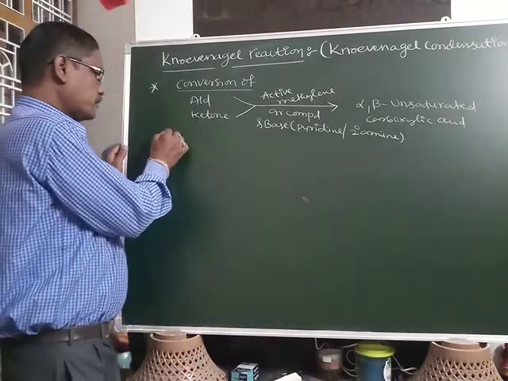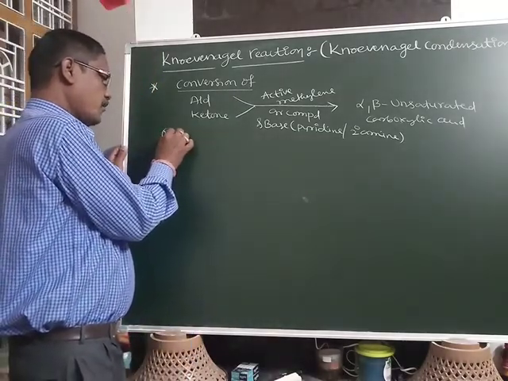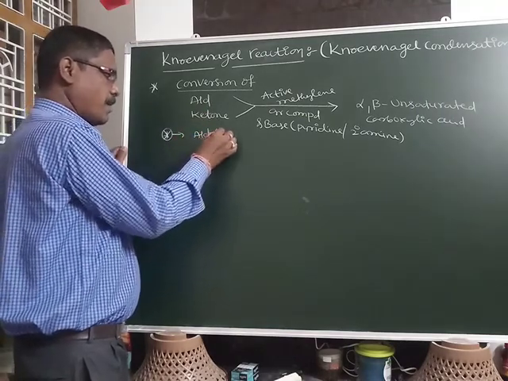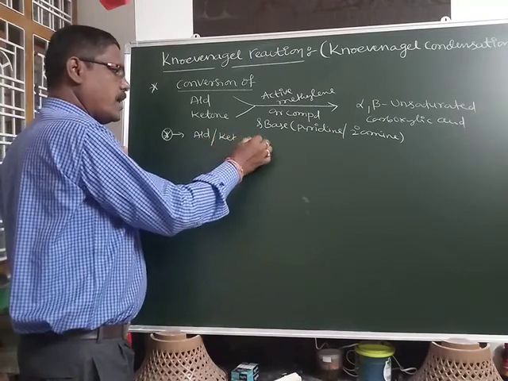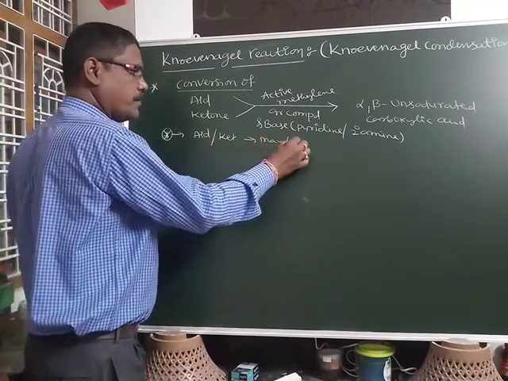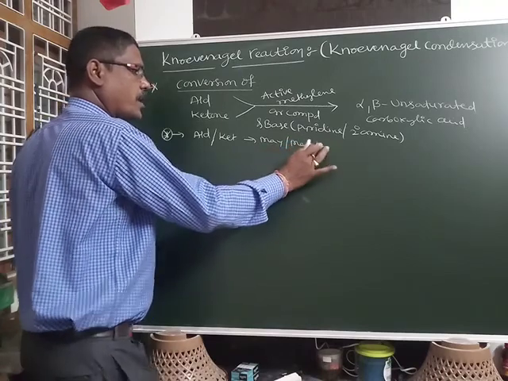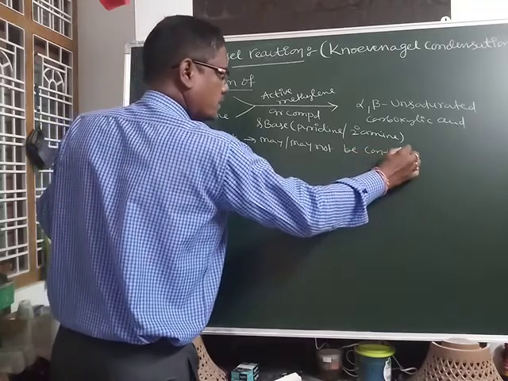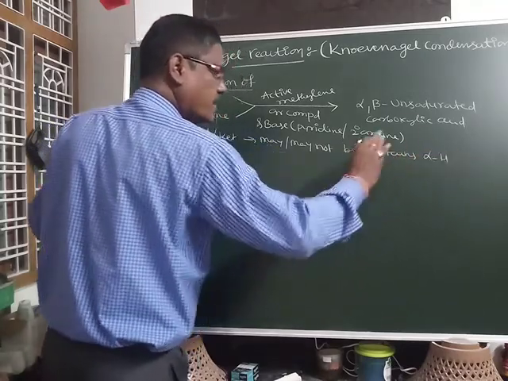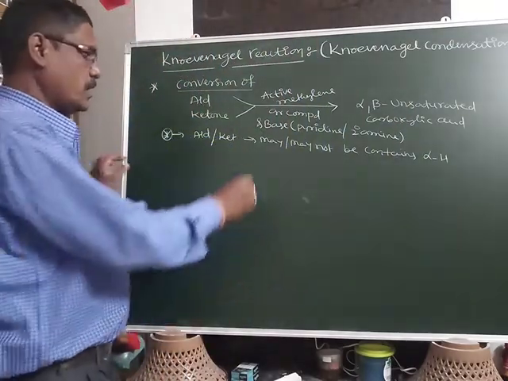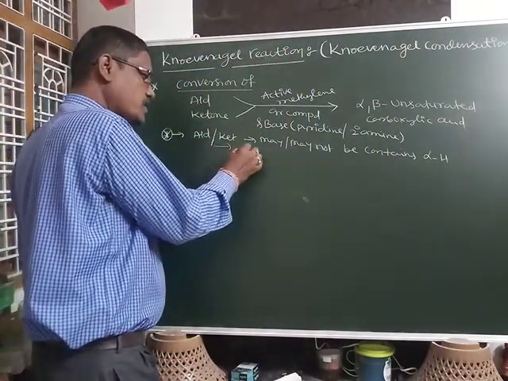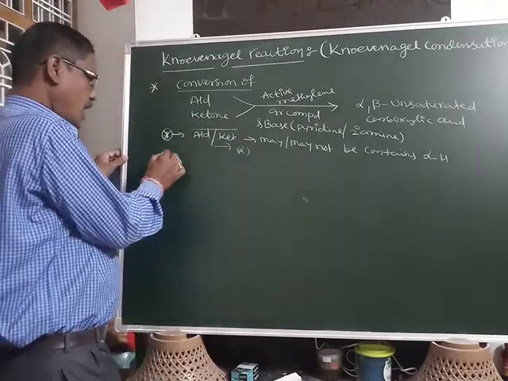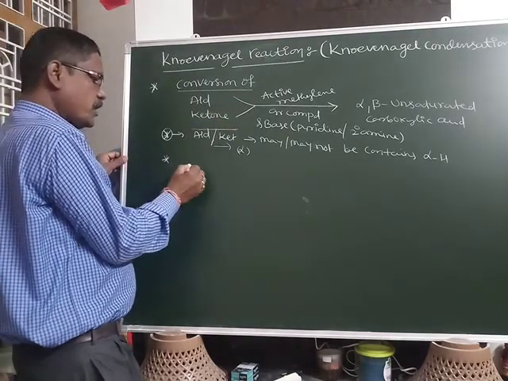In this one we want to know some information: the aldehyde or ketone may or may not contain alpha hydrogens. This is not the criteria. Here alpha hydrogens are not important in case of aldehydes or ketones. This is one point. And second one, active methylene group component.